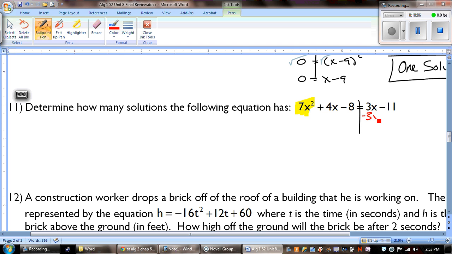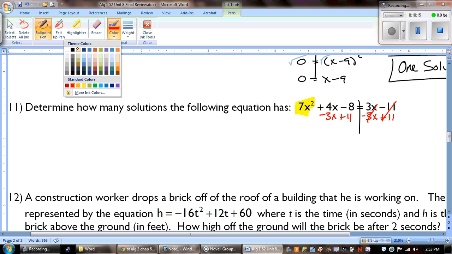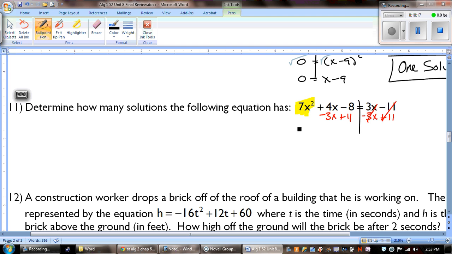So I need to move everything on the right side to the left side. And what do we get? 7x squared plus 1x, good. You can put the 1 there, that's fine. Plus 3 equals 0.